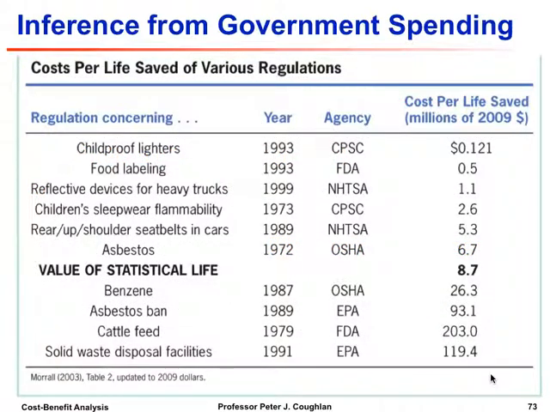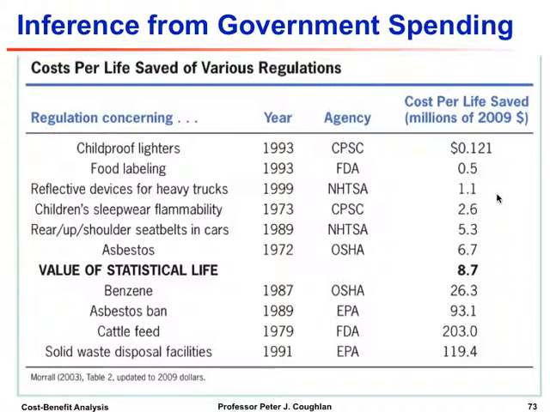That said, here are examples. These are different regulations. Child-proof lighters only cost about $100,000 to save a life. As opposed to solid waste, where regulations on cattle feed cost $200 million per life saved. You can see how different regulations have different costs per life saved.